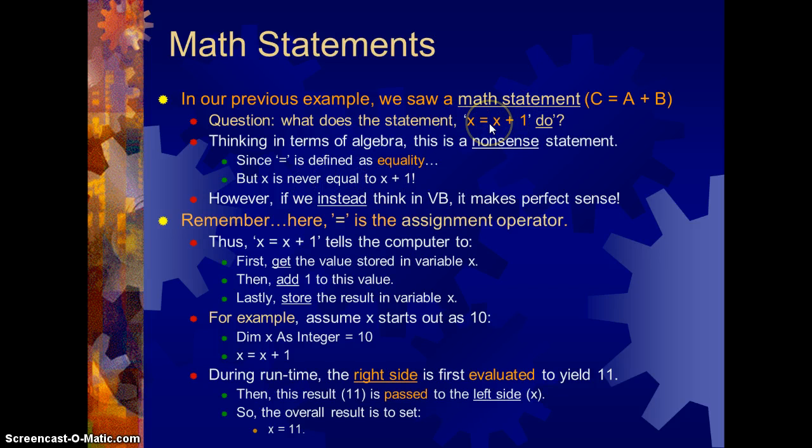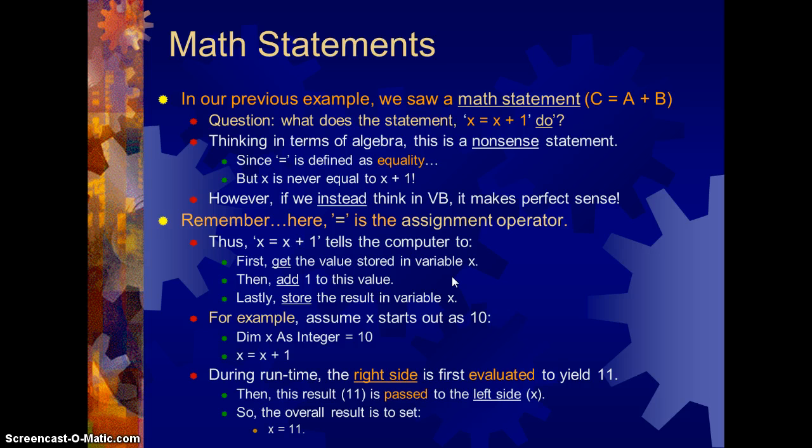But we do write this. So what does this mean? You have to remember that this equal sign is the assignment operator. Let's look at it here. It says first get the value stored in the variable x. Remember, we have some value stored in memory.